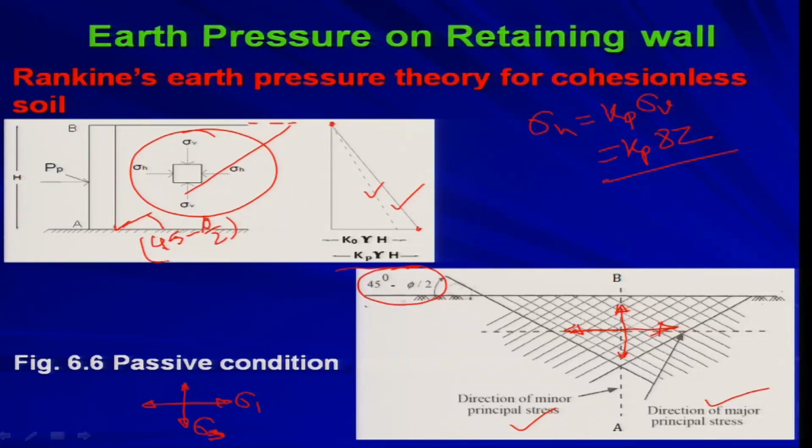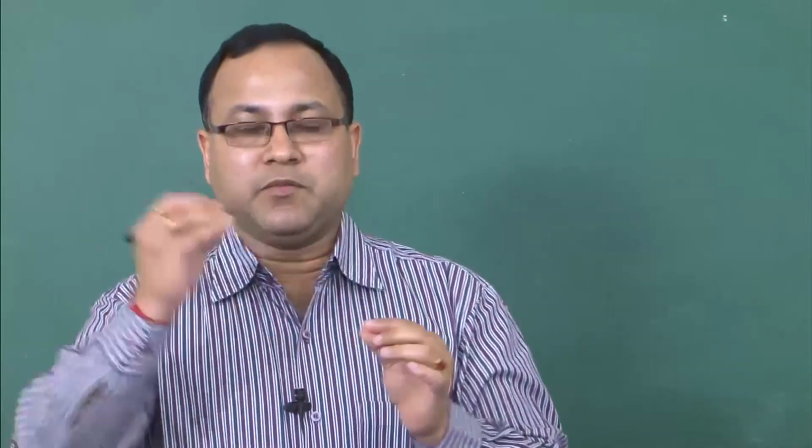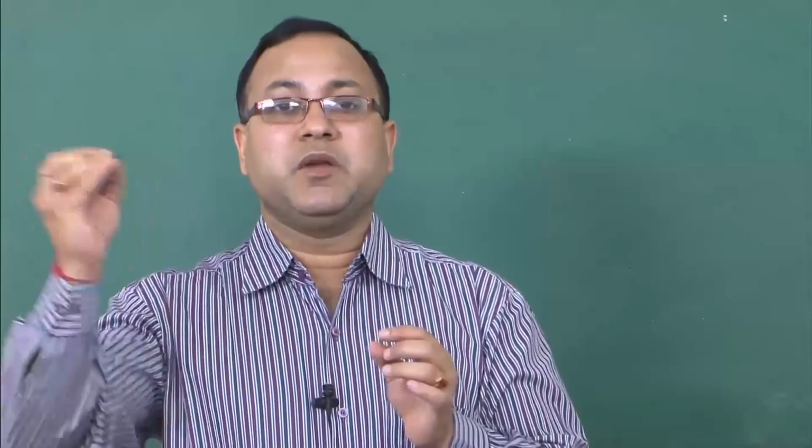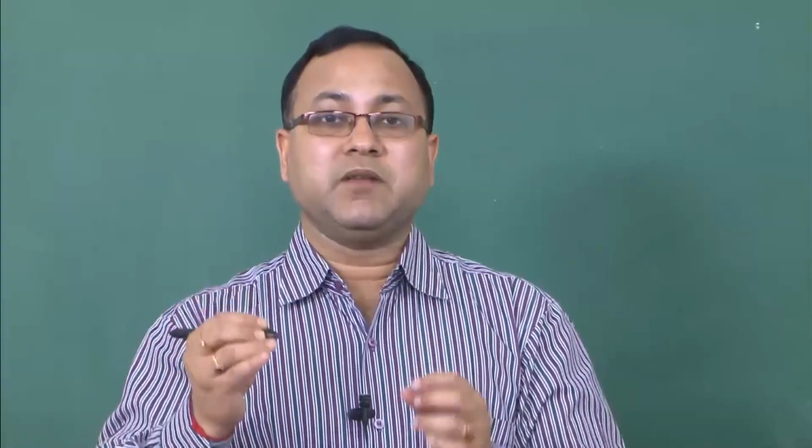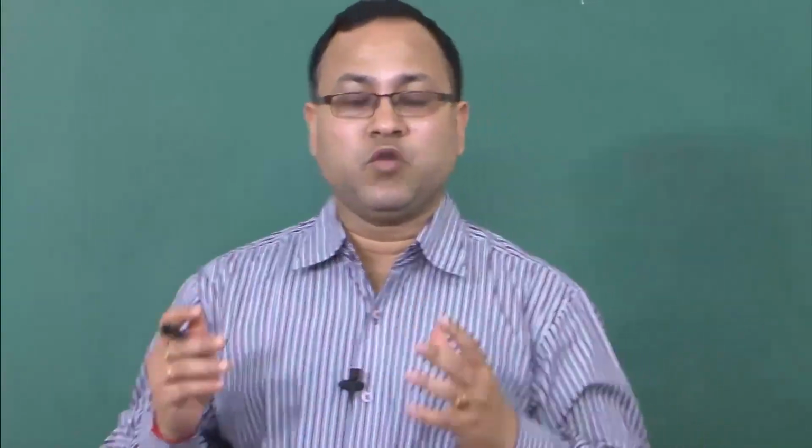That is why this failure surface is inclined at 45 minus phi by 2 with the horizontal in case of passive state, whereas in case of active state the failure plane is inclined at an angle 45 plus phi by 2 with the horizontal. Now if you see the Mohr cycle representation, it will be more clear.